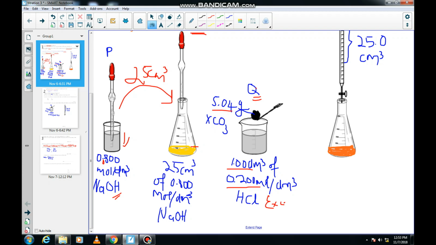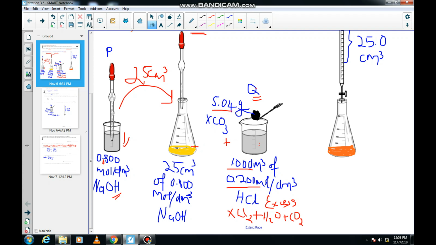Now, what you should understand here is that some of the hydrochloric acid will react with the X carbonate to produce the salt, X chloride, water, and also the gas carbon dioxide.